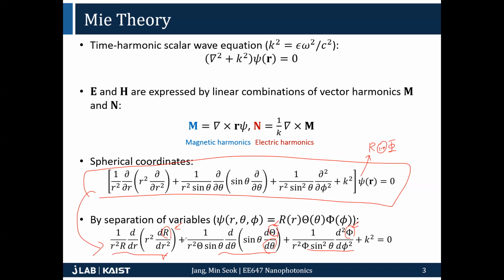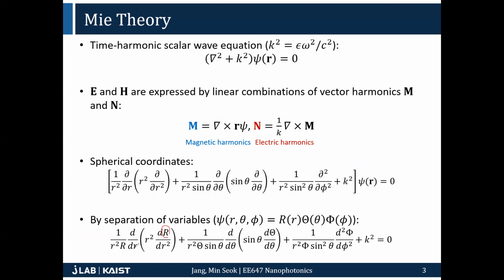And of course there are other functions multiplied here: theta and phi here, and then R and phi here, and also R and theta here. And then you divide the entire equation by R theta phi. Then what you have is R here, and then 1 over R there, and then phi and theta here, and 1 over theta here, and then phi here, and 1 over phi here, right?